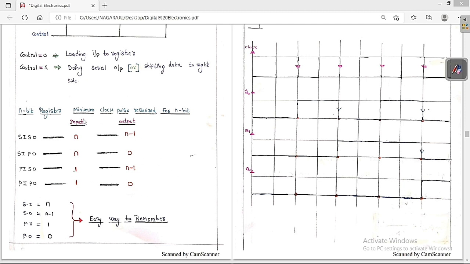So this is the point you always have to keep in mind. Finally, for an n-bit register, the minimum number of clock pulses required for n-bit transfer is this table, which you always have to keep in mind.